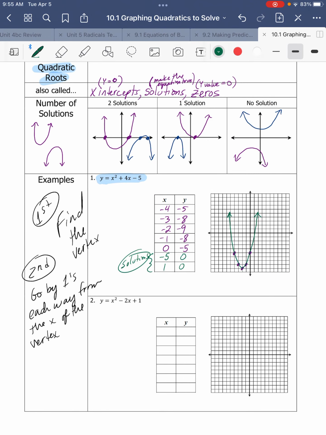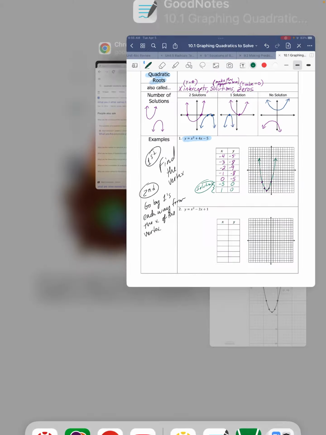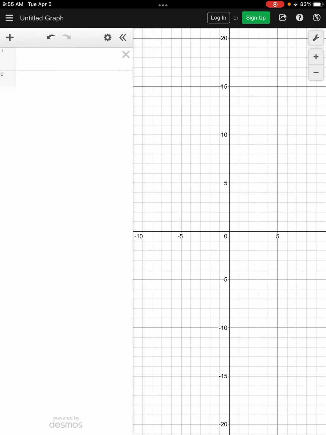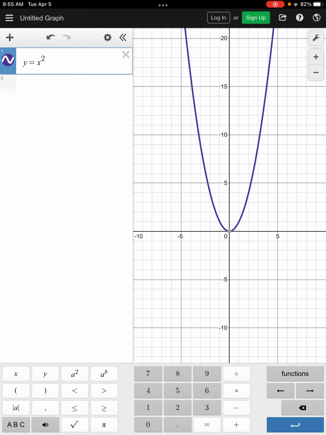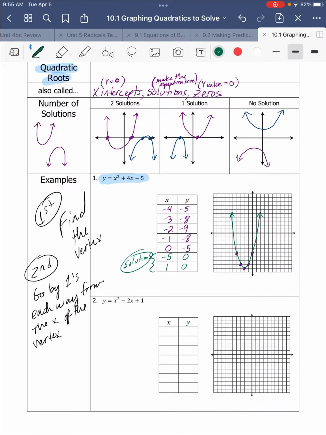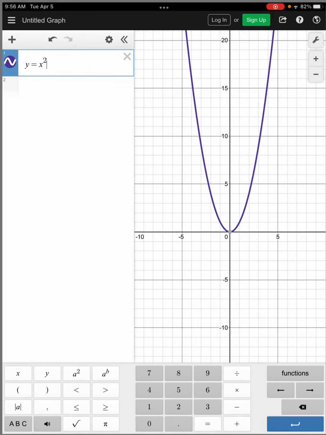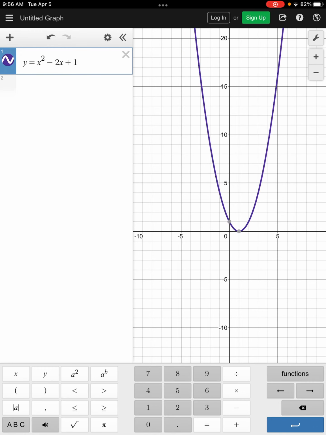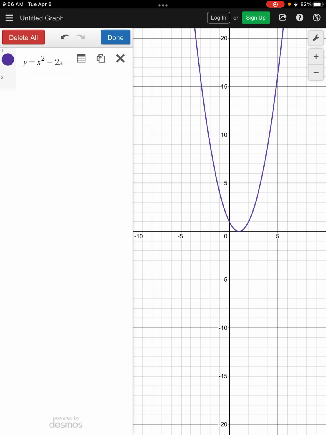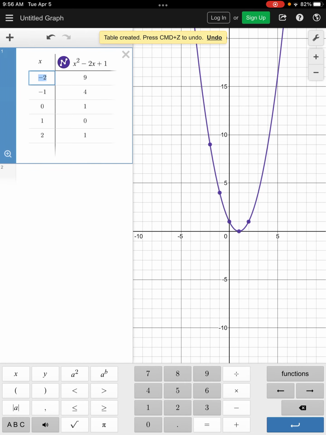Let's do another problem. y equals x squared minus 2x plus 1. I'm going to go to the little cog up there, hit the table button, and look at my graph.